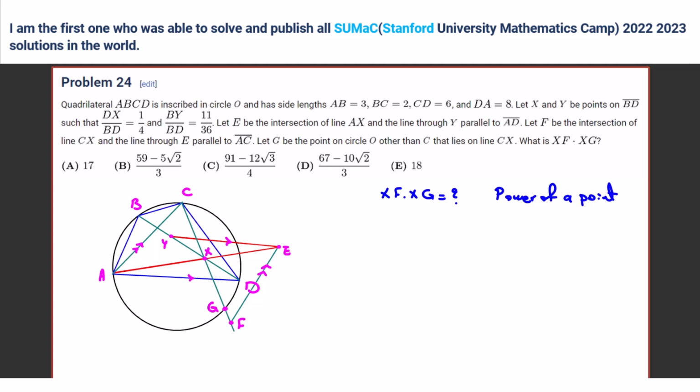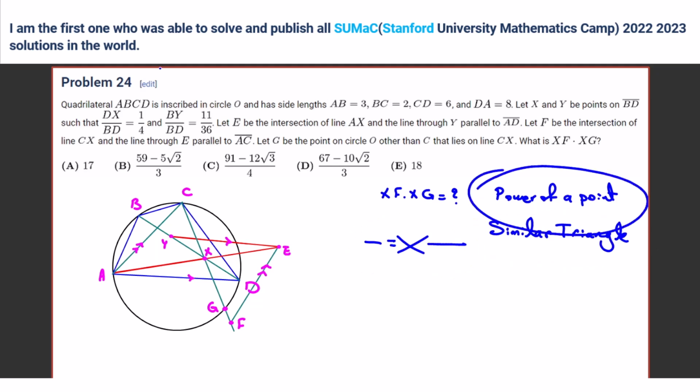The proof of power of a point is by similar triangles, and when you cross multiply, you have a product, right? At first, you have division. So similar triangles is the background idea of power of a point.